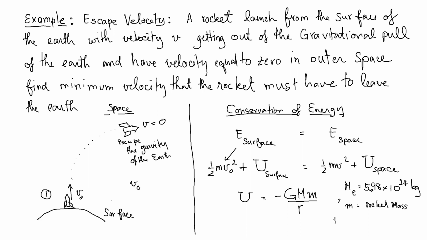The surface radius of the Earth is 6,400 kilometers, or 6.4 times 10 to the 6 meters.